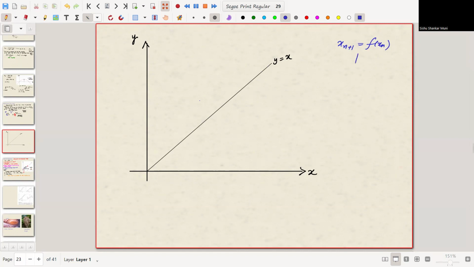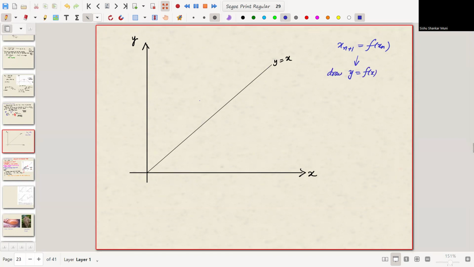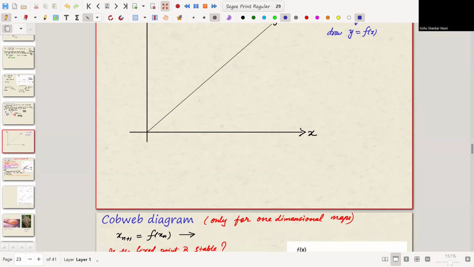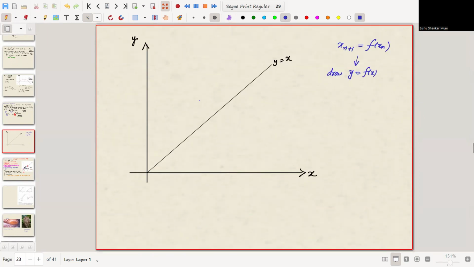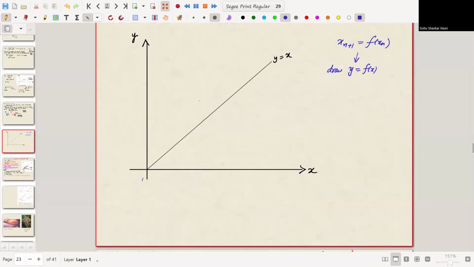So you have to draw y equals f(x). Not a good looking parabola, but a parabola.